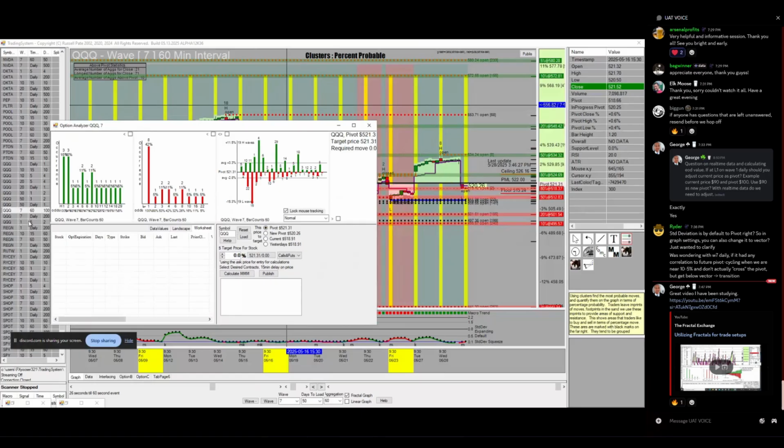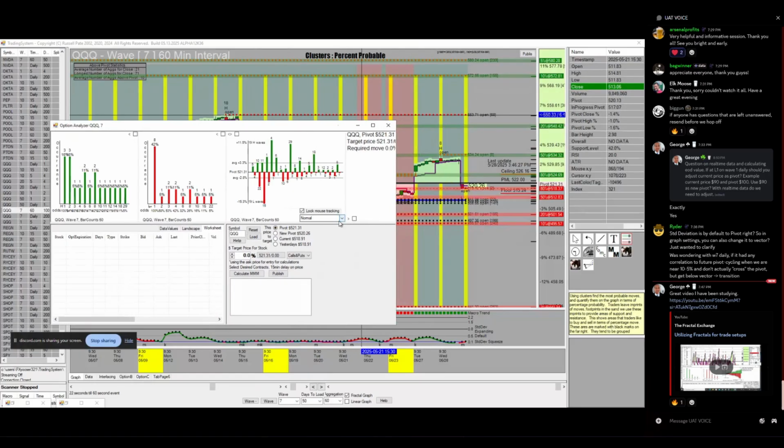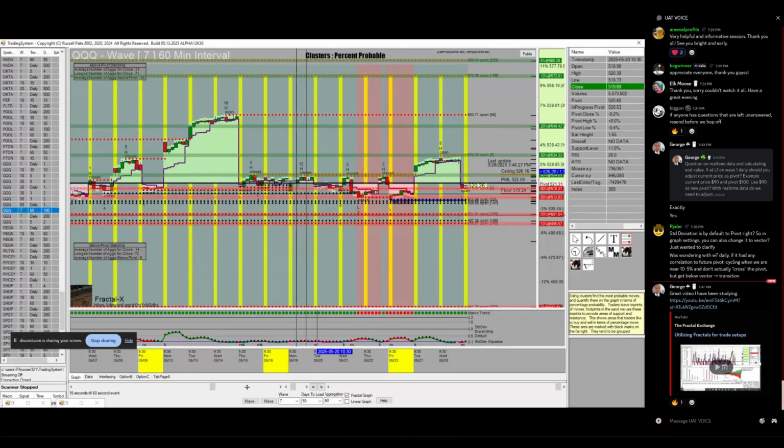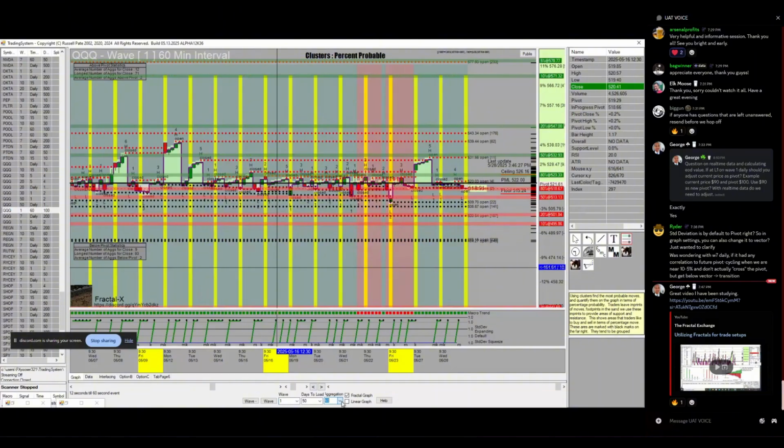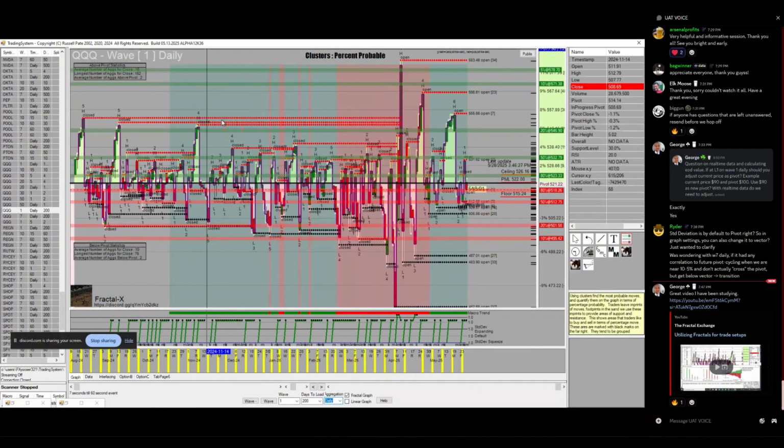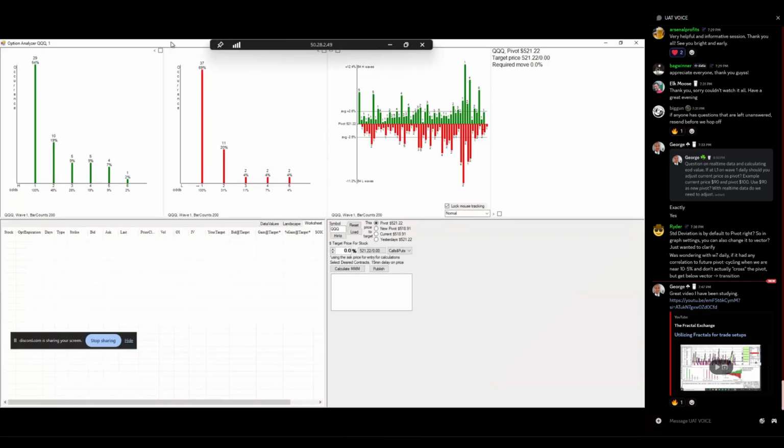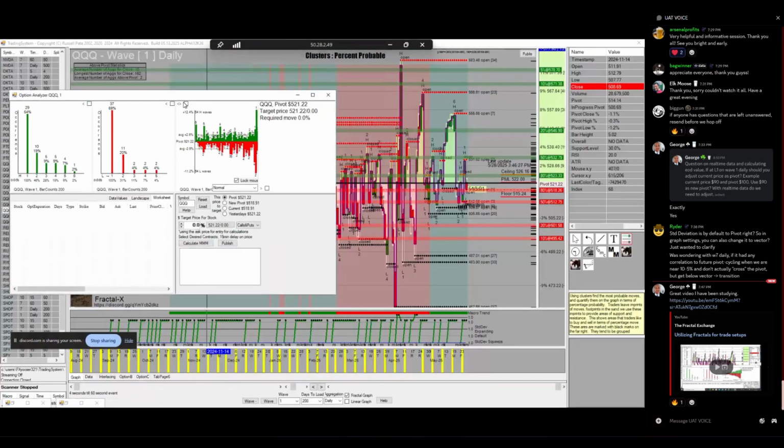The wave one daily is very visual because it just has a lot more data points, but that's fine too. There's a hotkey for it, but it came off during the presentation. Oh, gotcha. Here we are. There it goes.